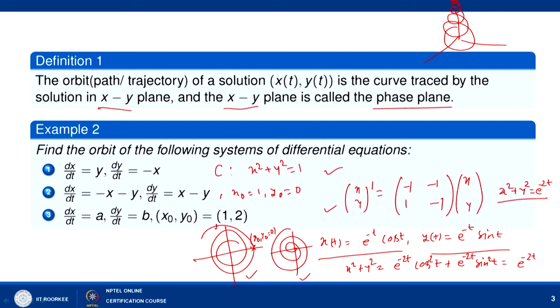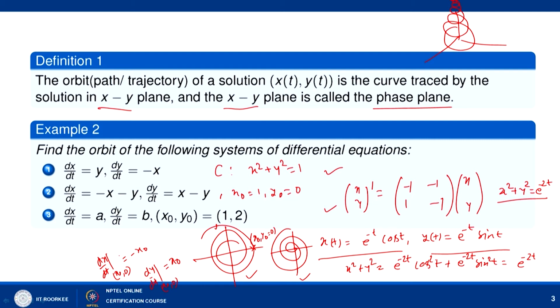If you look at dx/dt at this particular point, dx/dt at (x₀, 0) is equal to -x₀, and dy/dt at (x₀, 0) is nothing but x₀. So, we can say that dx/dt is decreasing and dy/dt is increasing.